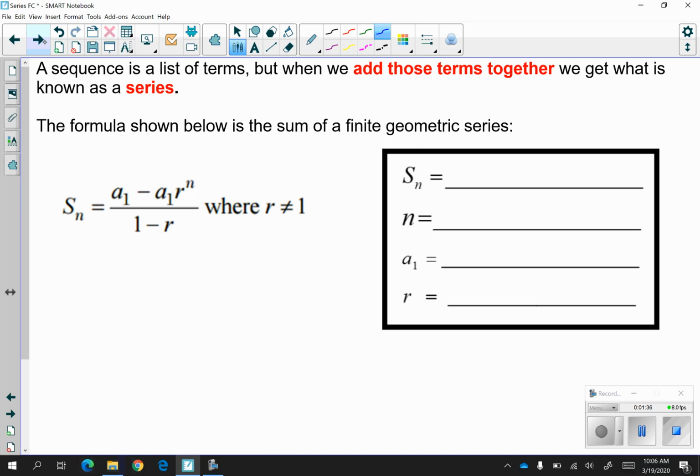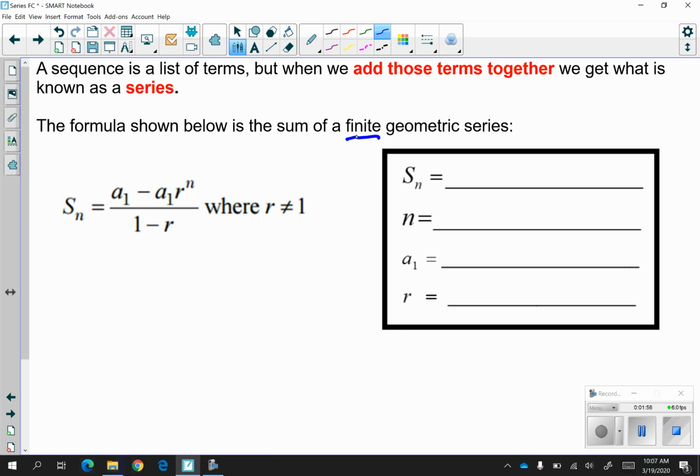And notice how it's a formula to find the sum of a finite geometric series. What that means is that we have a certain amount of terms that we are adding together. We're adding together the first 7 or the first 12 or the first 100. We're not adding together all of the terms in the sequence, right?